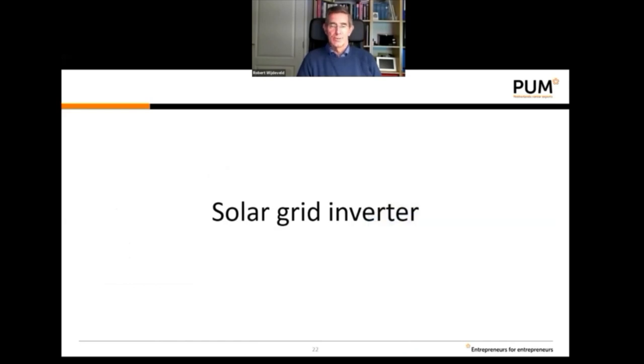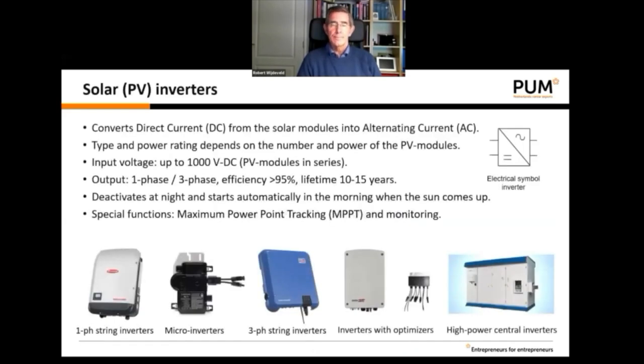Solar grid inverters. There are different types of solar inverters, but an inverter converts direct current from the solar modules into alternating current. The type and the power rating depend on the number and power of the PV modules.